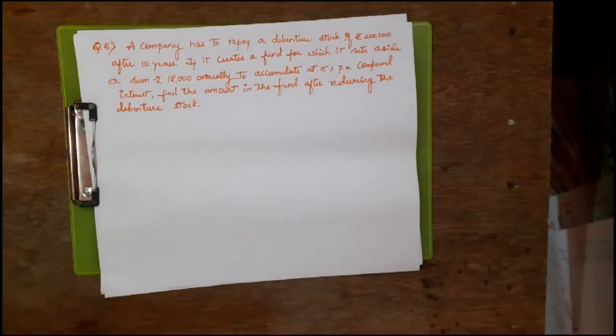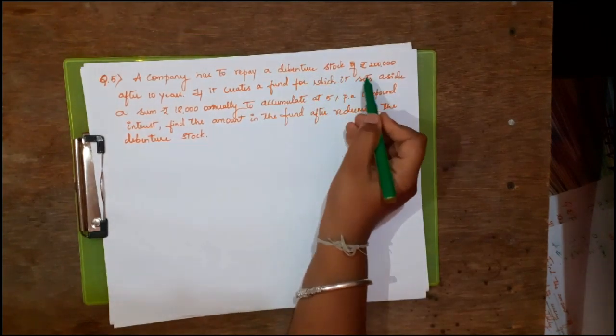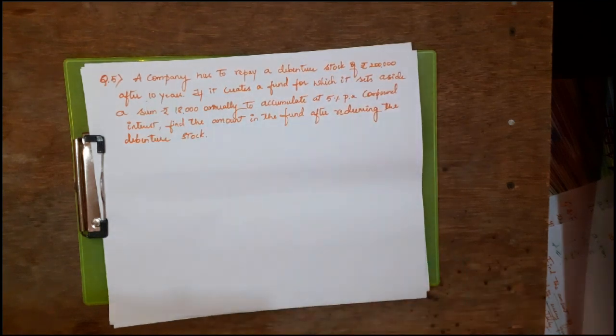So the last question. A company has to repay debenture stock of rupees 2 lakh after 10 years. If it creates a fund for which it sets aside a sum of 18,000 annually to accumulate at 5% per annum compound interest, find the amount in the fund after redeeming the debenture stock.